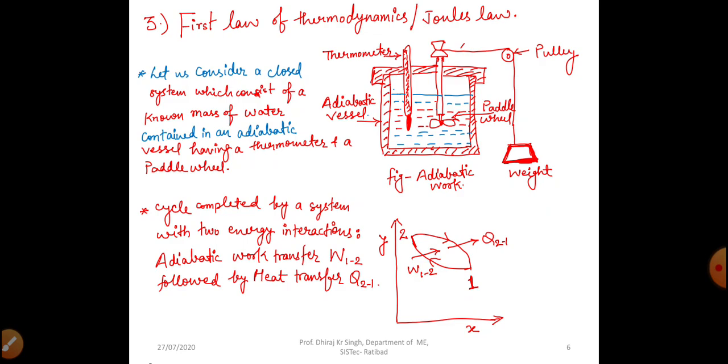So let us consider a closed system which consists of a known mass of water contained in an adiabatic vessel having a thermometer and a paddle wheel, as shown in this adiabatic work figure, right? So let a certain amount of work W12 be done upon the system by this paddle wheel.